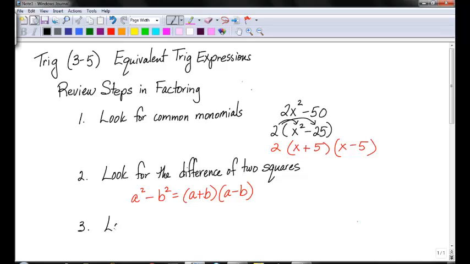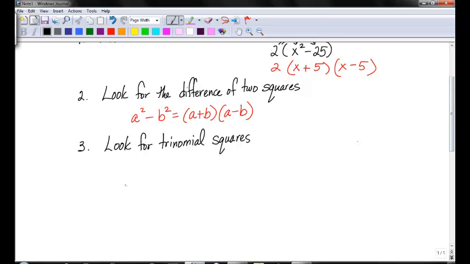Third step in factoring, look for trinomial squares. Okay, trinomial squares, the pattern looks like this.